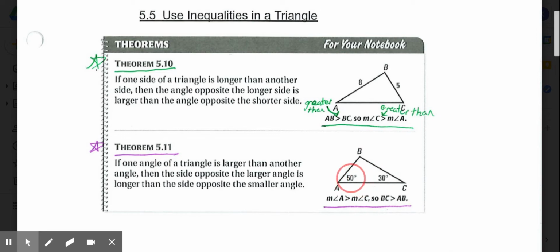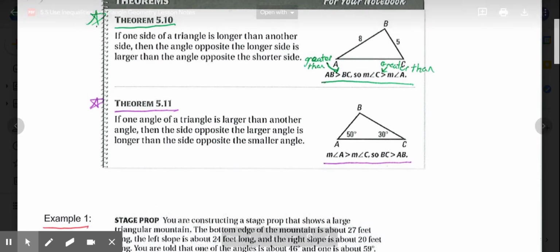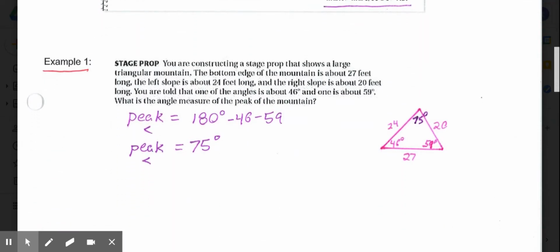So the side opposite the 50 degrees would be longer. So side BC would be longer than side AB, or greater than. So our notation right there. So these two theorems are what we're going to look at here in example 1.